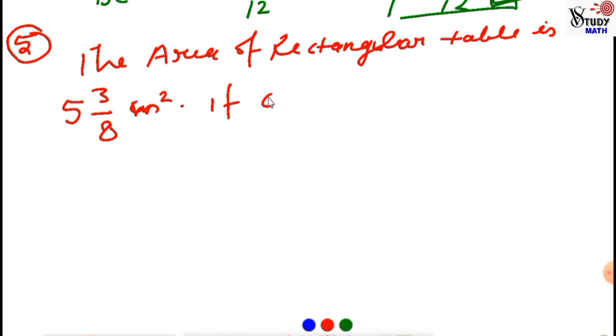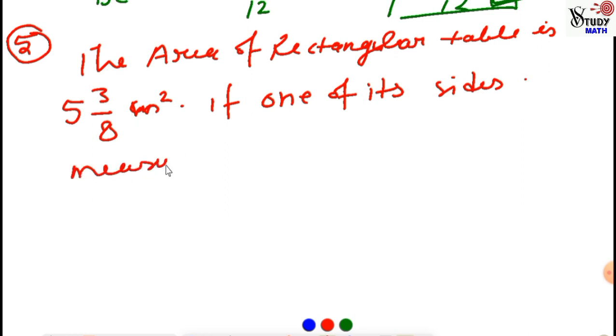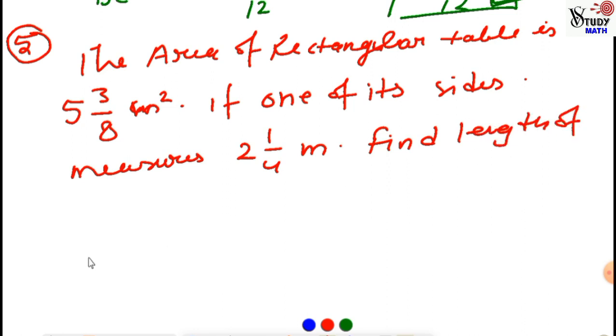If one of its sides measures 2 and 1 by 4 meter, find the length of the other side. So this is the question. Let's try to understand this question first, then crack it.